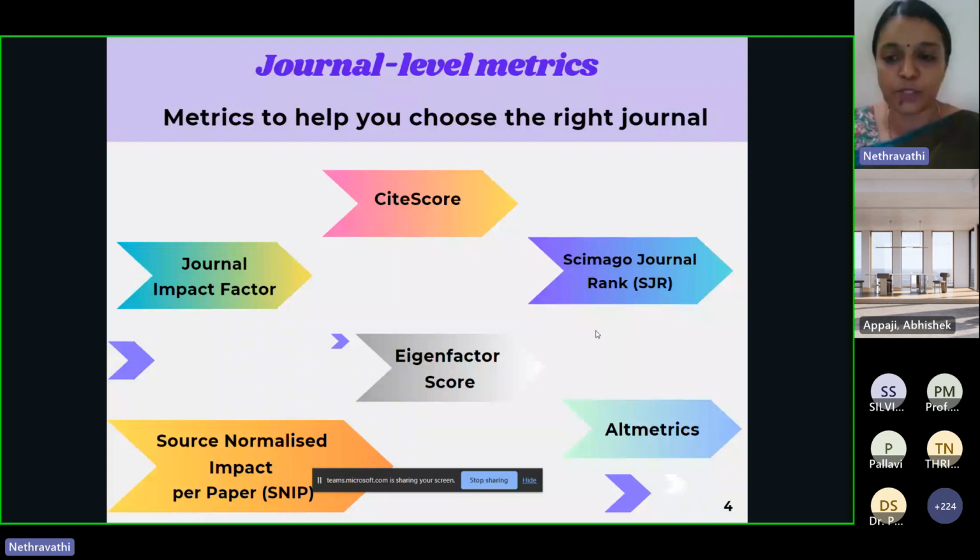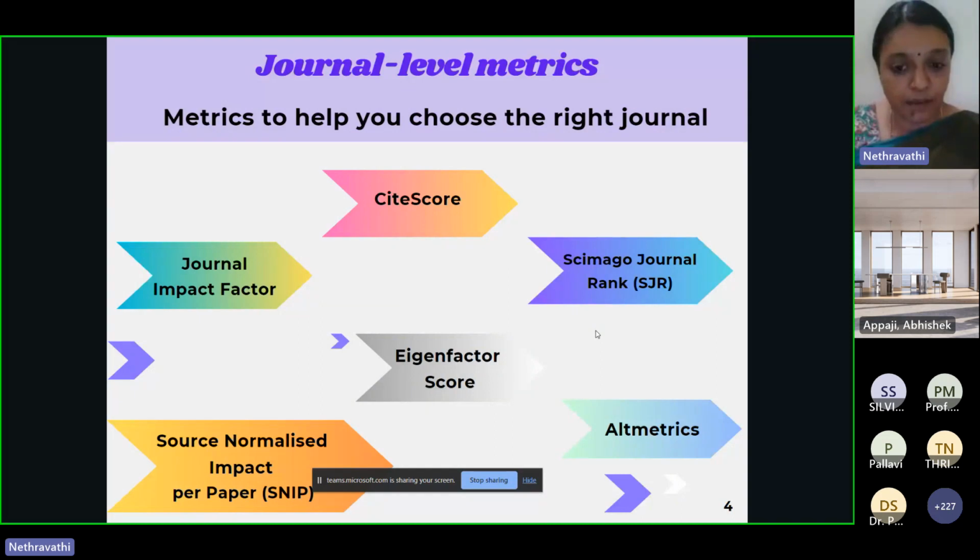These are the most familiar ones which I have put across here: CiteScore, journal impact factor, Eigenfactor score, SCImago Journal Rank, Altmetrics, SNIP. You would have heard these somewhere, right? These are a few of the journal level metrics.